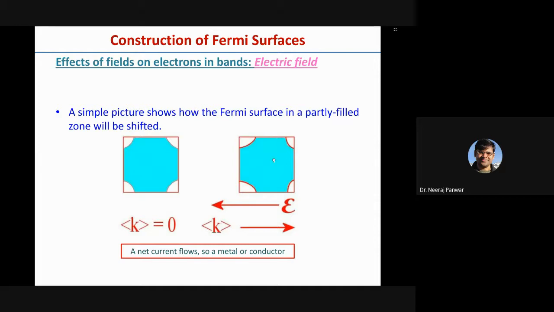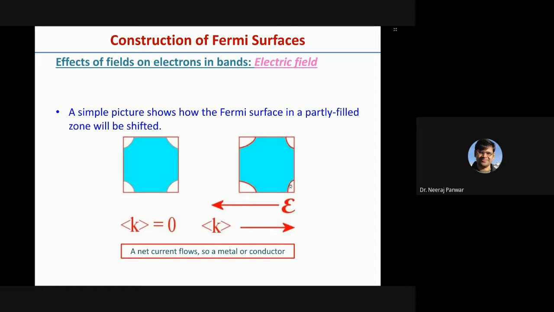Now you can see that for any k value on the right hand side, we may not find a corresponding k value on the left side. Therefore, we can say that the application of an electric field will generate electric current. In the diagram on the left side, if we have any k value on the right side, simultaneously we find a minus k value on the left side, but it is near the zone boundary.